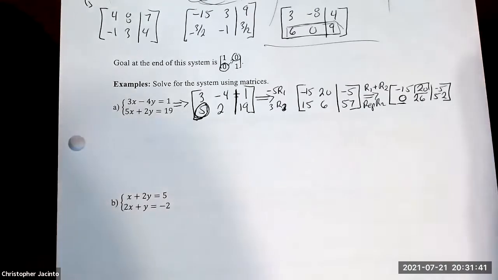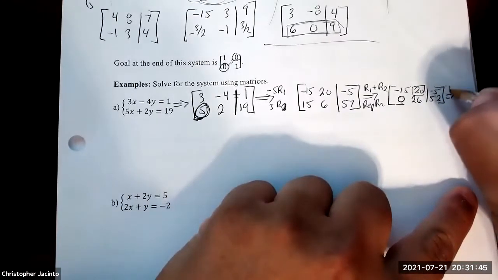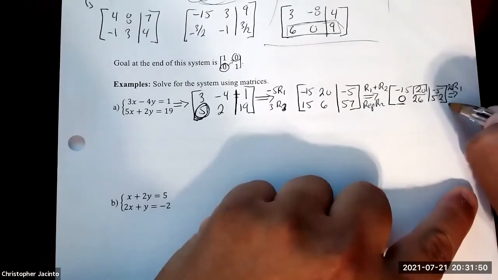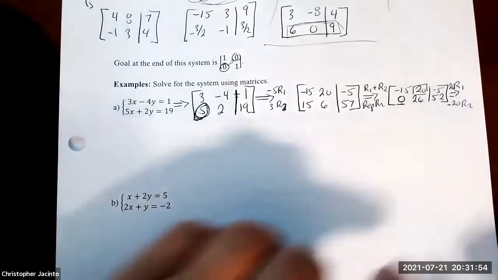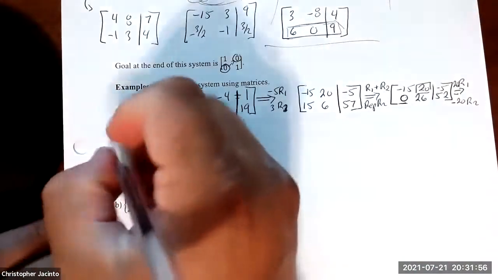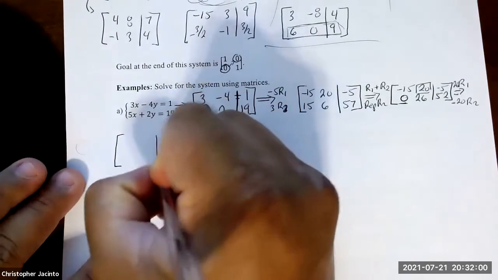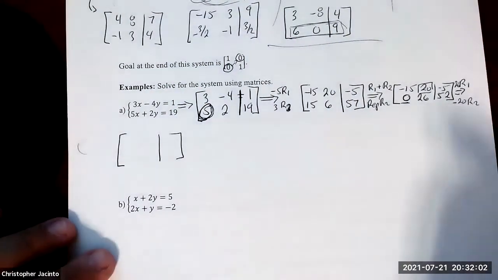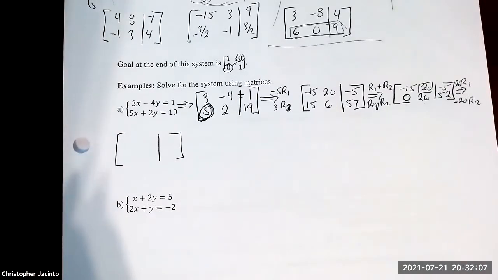So we're going to multiply row 1 by 26 and row 2 by -20. So first row by +26. These numbers are going to be pretty big.